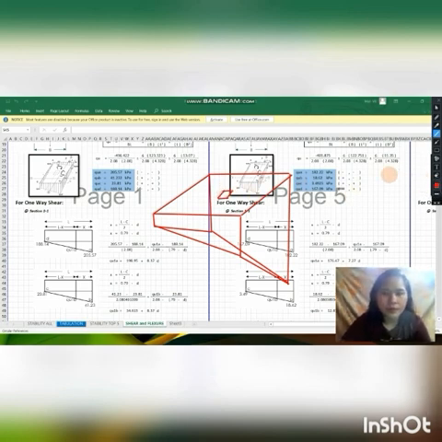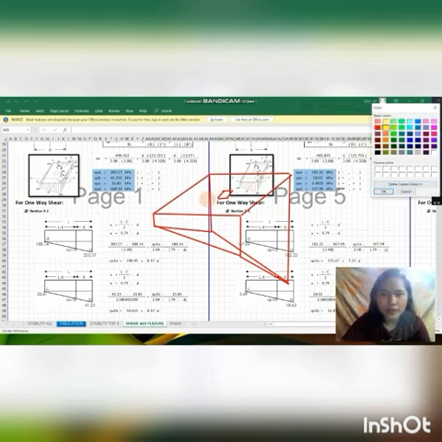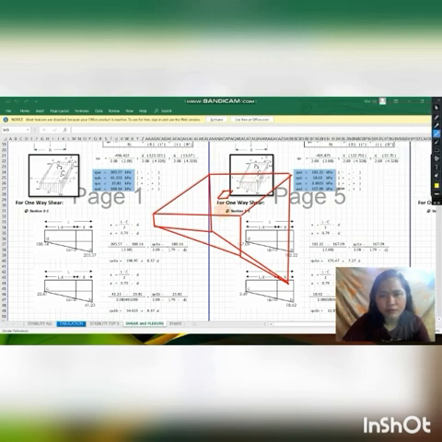So we will be having for one-way shear, first, parallel to B. So parallel to B, the largest part here is this part.